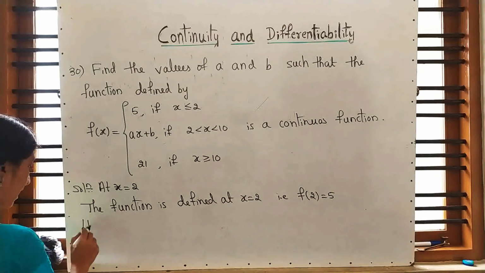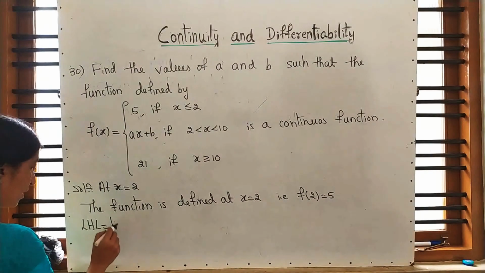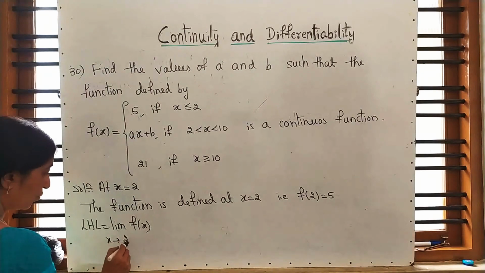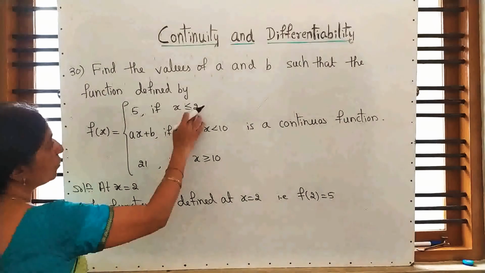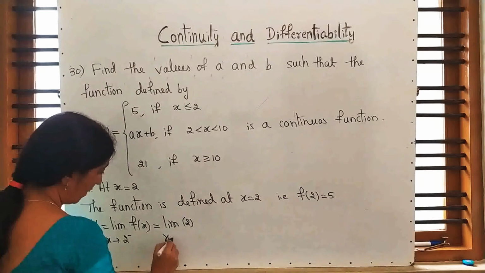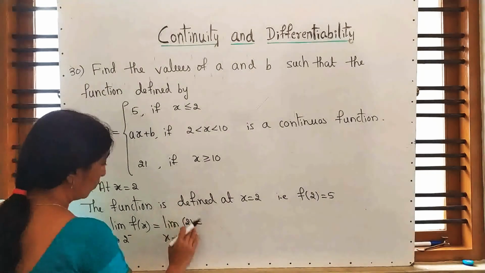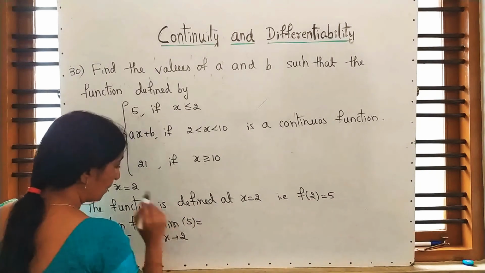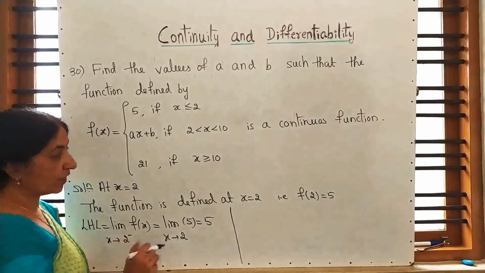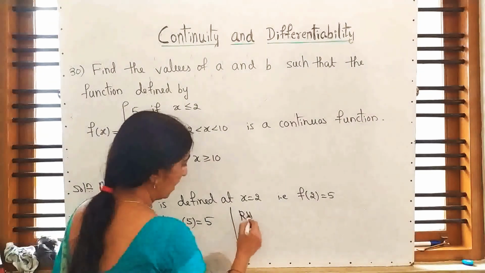And what is LHL? LHL is the limit f of x as x tends to 2 minus. Which function are we selecting? We are selecting the first one. And see students, there is no x, so your answer is 5. That means left side limit is 5. And what about the right hand limit?